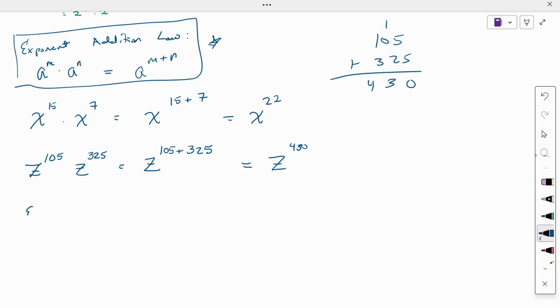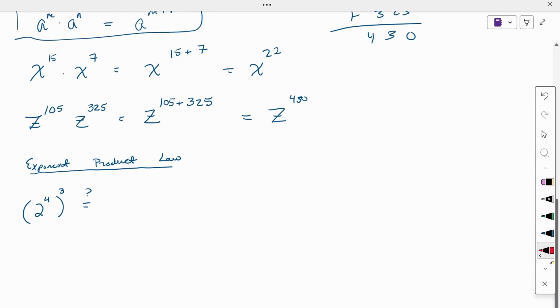Let's talk about the exponent product law, i.e., what happens if we took 2 to the 4th and, I don't know, raised it to the 3rd power, and we're like, what's going on here? What is this equal to?